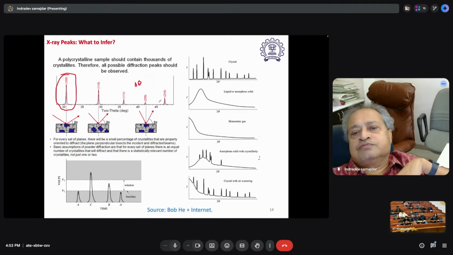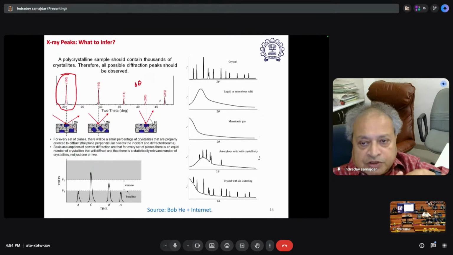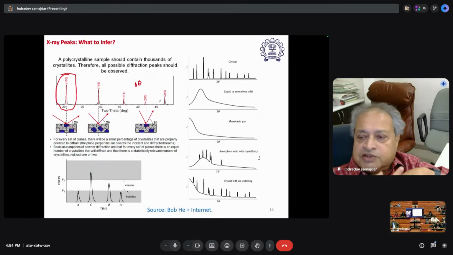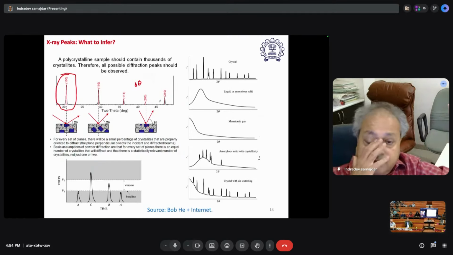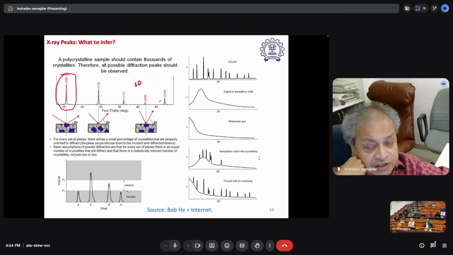Of course, delta theta 1, you can reduce it by putting maybe a double bounce monochromator, but your intensity will go for a toss. Your goniometer, to reach this, you should have the height calibration. Or if it is a single crystal, you should go to appropriate tilt and rotation. That's what we do with the microlaue.